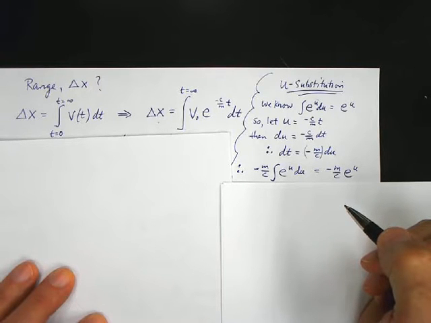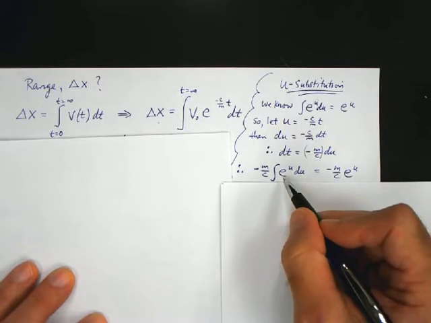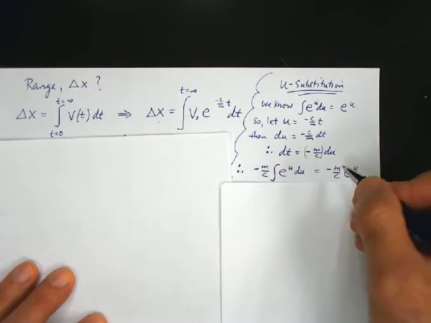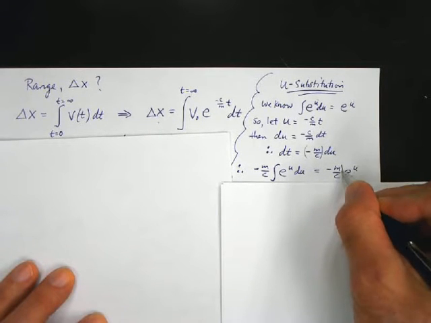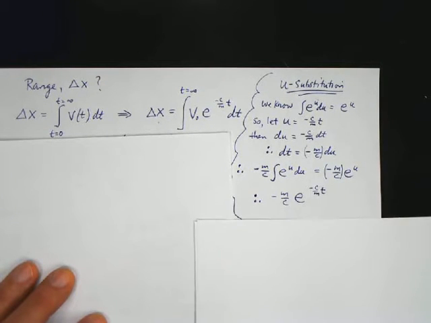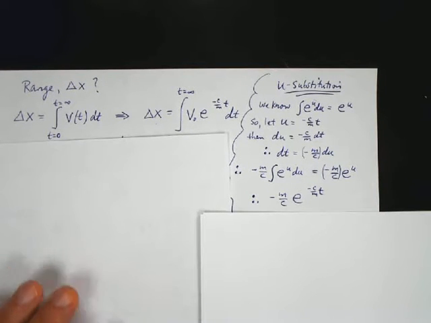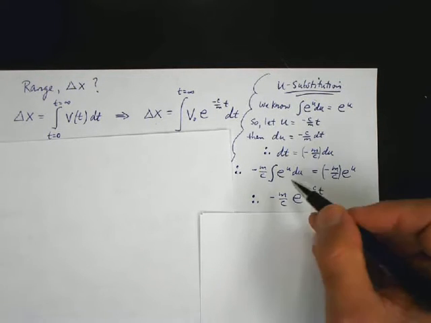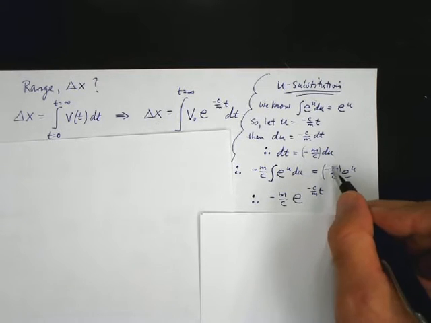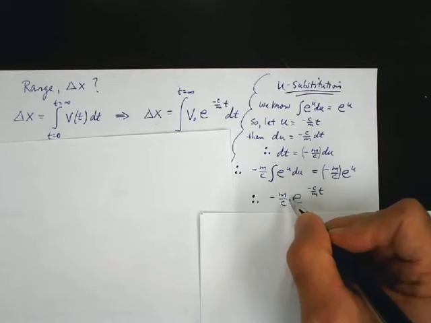So we're going to need to include this negative m over c, and that's just a constant, in our integral of e to the u du. Remember, integral of e to the u du is just e to the u, but all we have to do now is remember to make sure we include negative m over c in front as a multiplier.